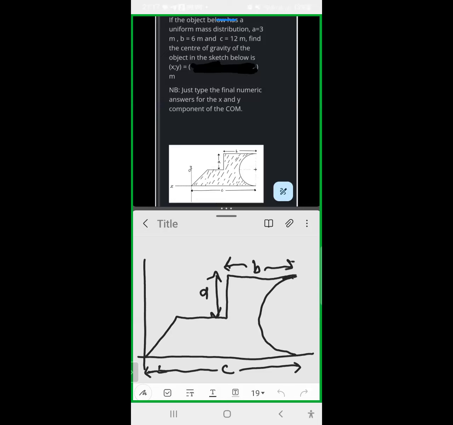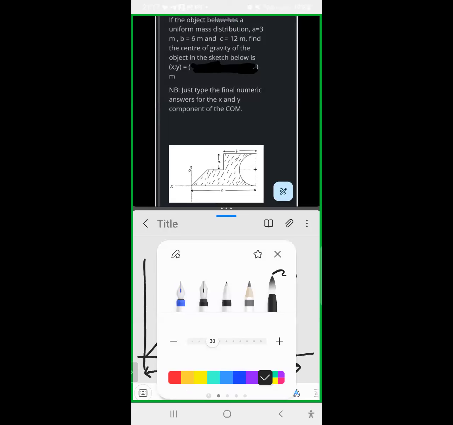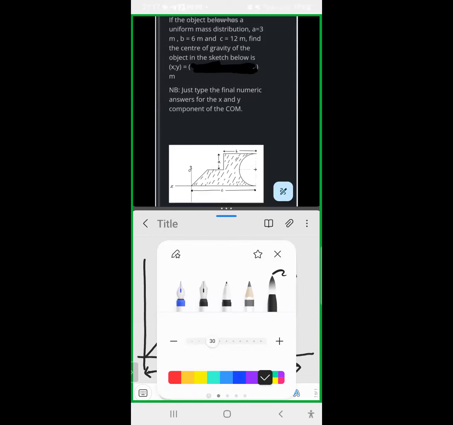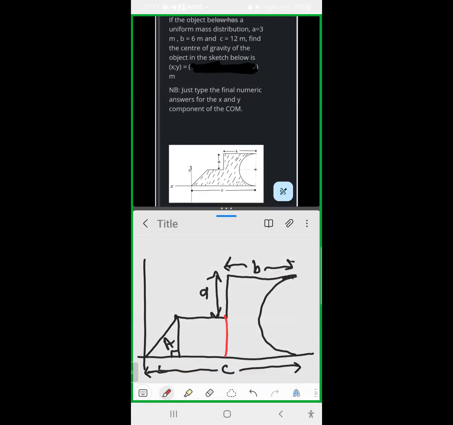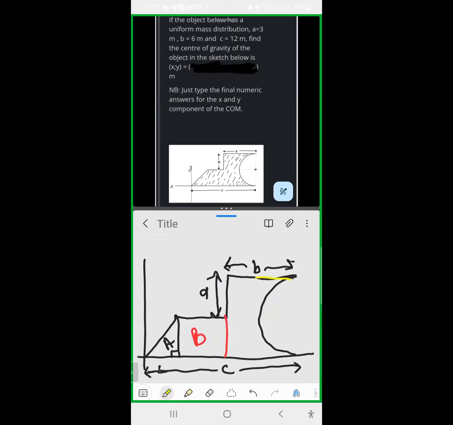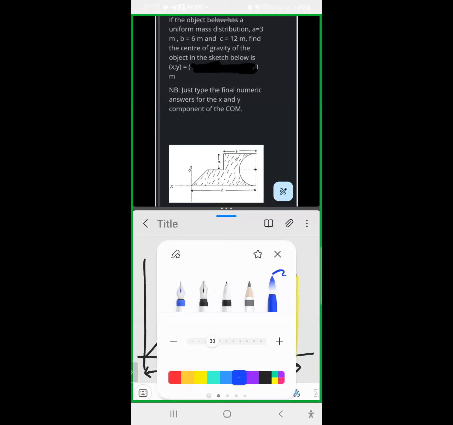So firstly, we can break the shape here, and then we have a right angle triangle, and we can call this object A. Then we can also break it here, and this will be object B. For the third time we can consider this bigger square here as another shape, and we can label it object C. And then we also have a semicircle here.